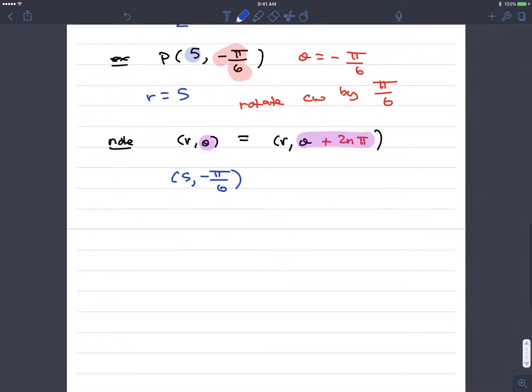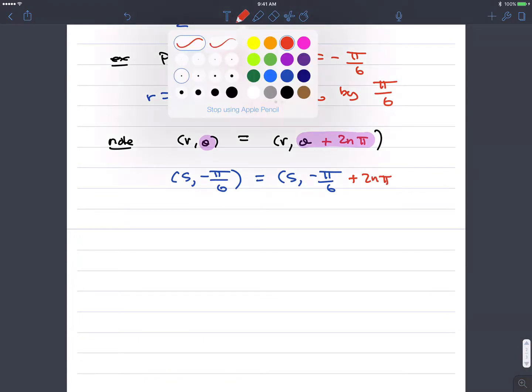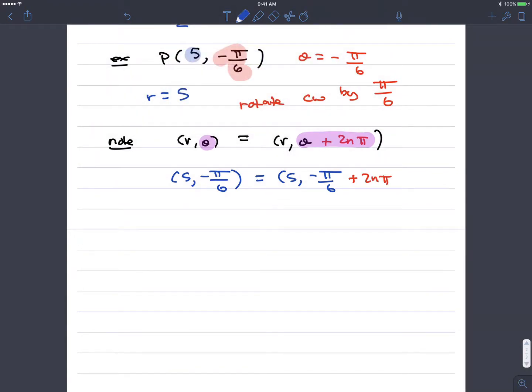This is the same as 5, negative pi over 6, again, plus what? Plus 2n pi. So I can change my values of n, right? N could be what? 0, 1, 2, negative 1, negative 2. N could be different values.